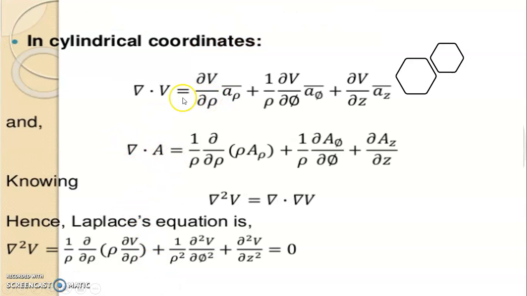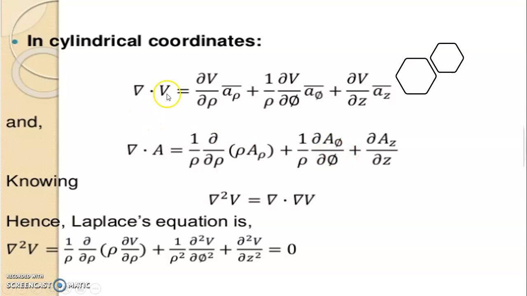In cylindrical coordinates, del V is del V upon del rho of a rho plus 1 by rho del V upon del phi of a phi plus del V upon del z of az. Similarly, del dot A is 1 upon rho del by del rho of rho A rho plus 1 by rho del A phi by del phi plus del A z by del z.